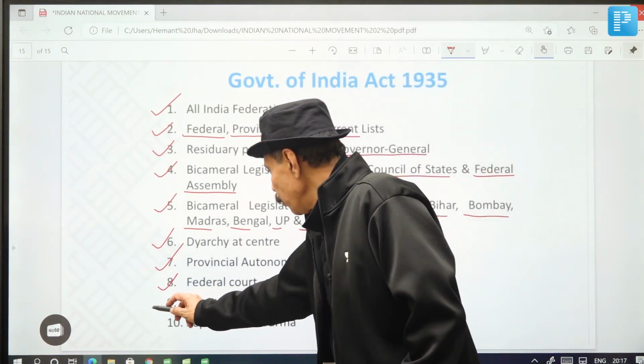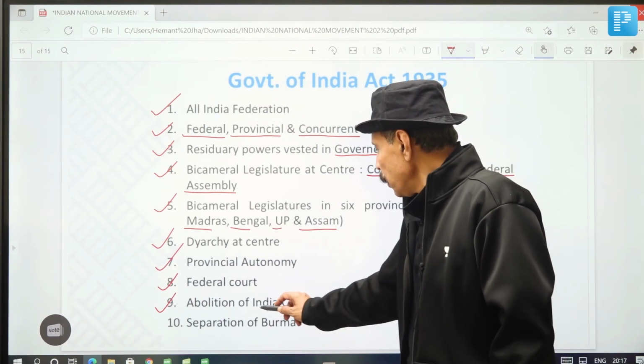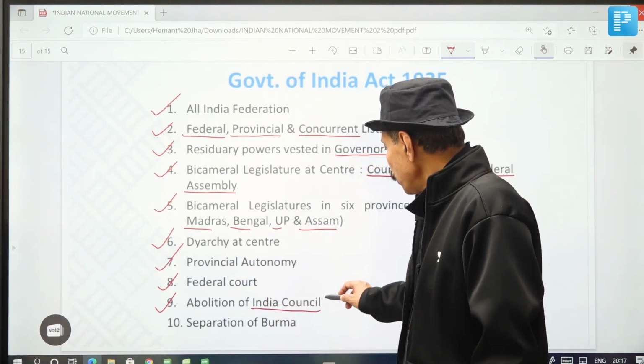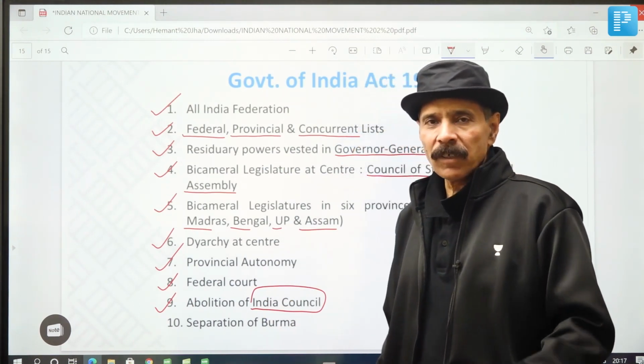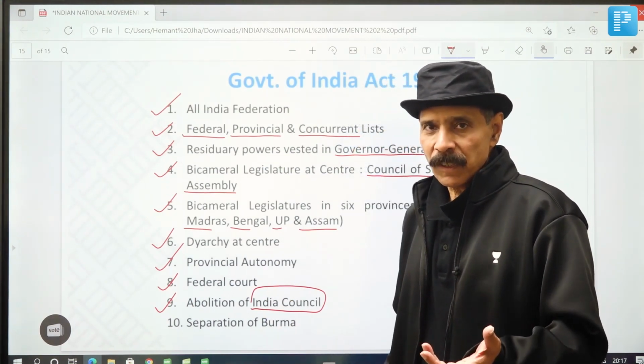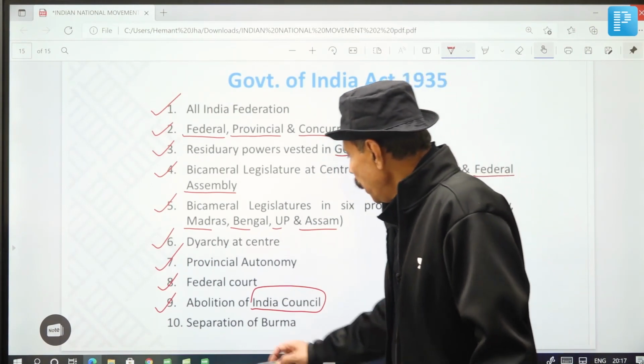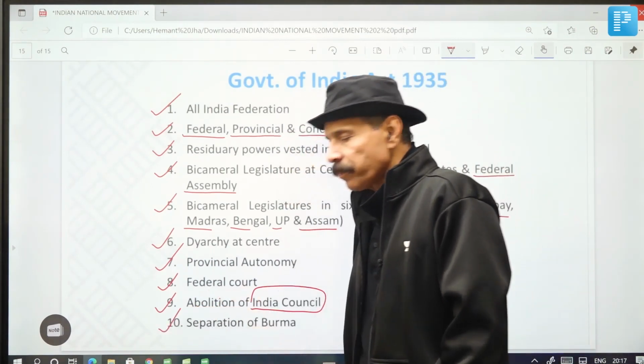Next is abolition of the India Council. The India Council was a 15-member council in London and its function was to assist the Secretary of State. This was abolished.